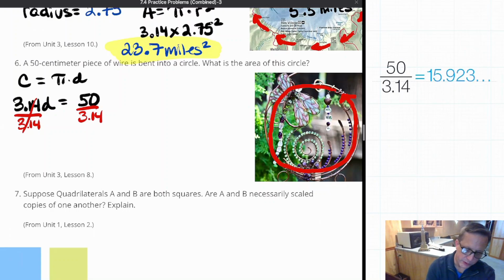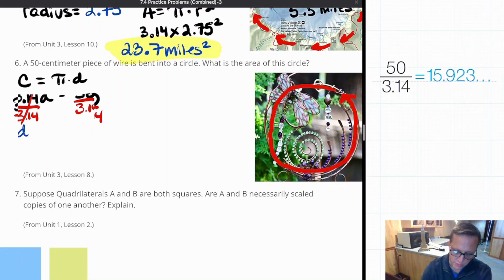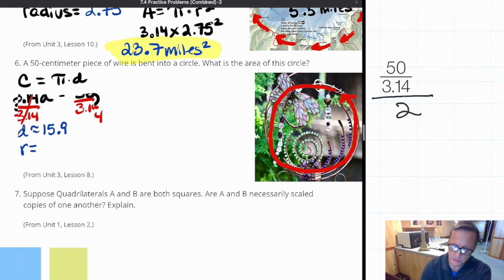So I'm going to write that out. The diameter is, I shouldn't say equal, I should say it's approximately 15.9. It's like 15.923. Okay, and then if we want to figure out the radius, we're just going to divide that by 2. Let's see if this works.